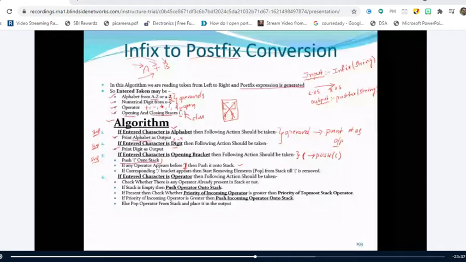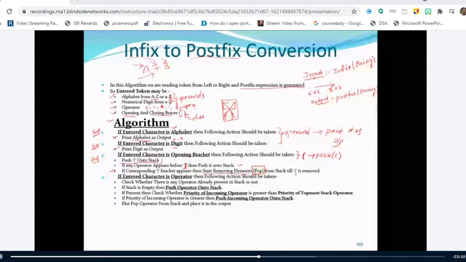And this one is important, step 3.3. Whenever you get the corresponding closed parenthesis or closed bracket, then start removing the elements, that means the pop operation, from the stack until the corresponding open parenthesis is removed, right? You have to concentrate more on this.